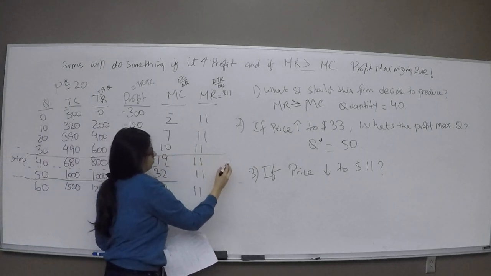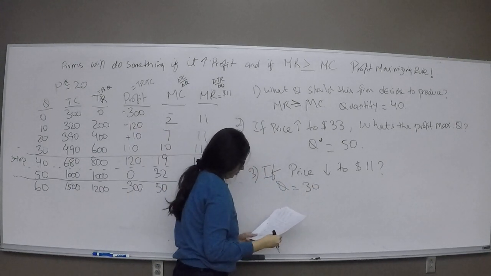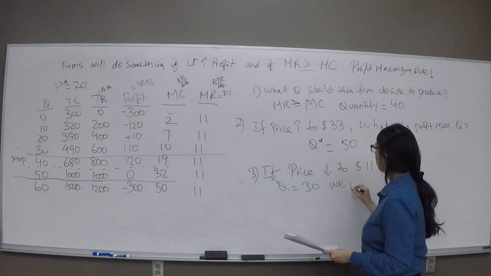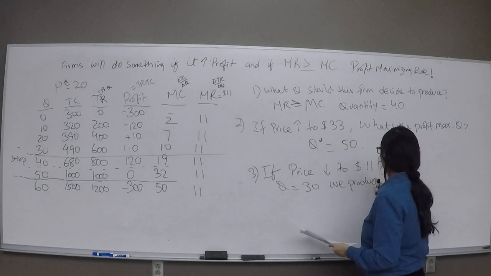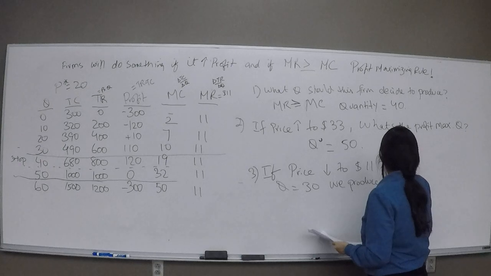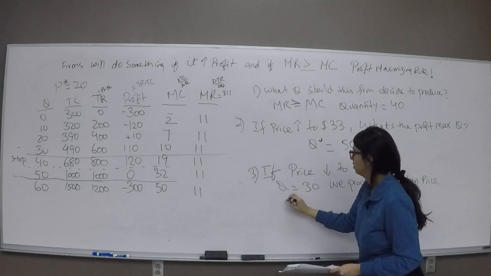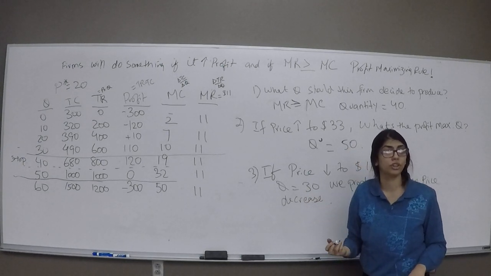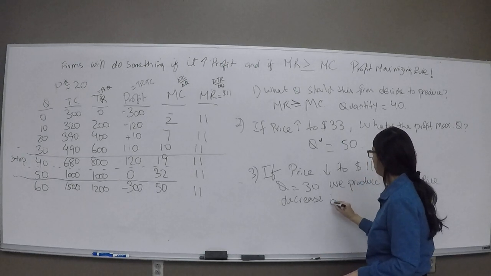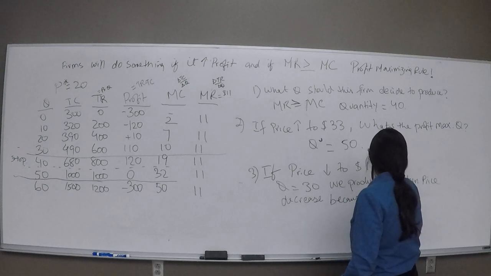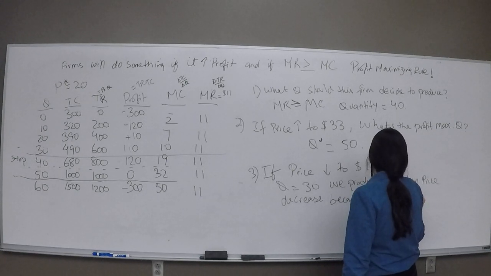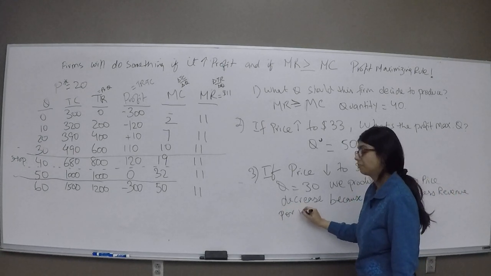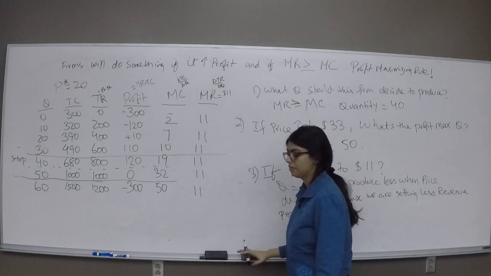Oh, not 30, no, 40. We produce less. We produce less when price decreases, because we're getting less revenue per unit.